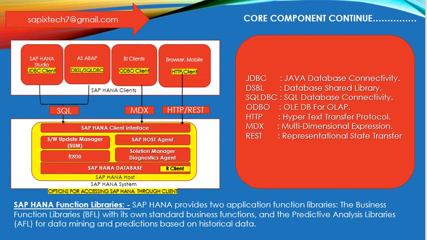And as I said earlier, we have a browser, we have a mobile device, and it uses an HTTP client through which we connect with our HANA database. So we get connected with HANA Studio with JDBC client, application server ABAP with SQL DBC, BI client with ODBO client, and browser and mobile with HTTP client.